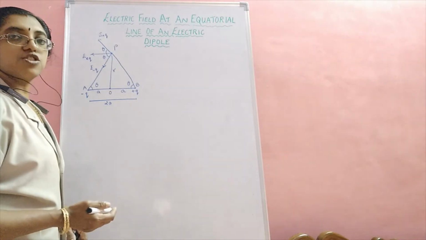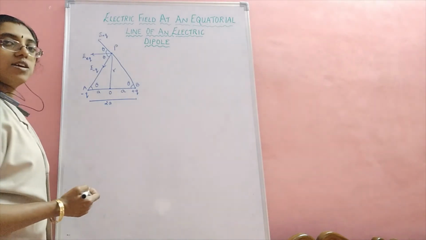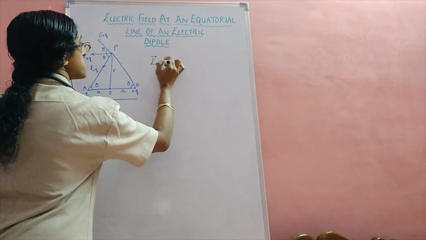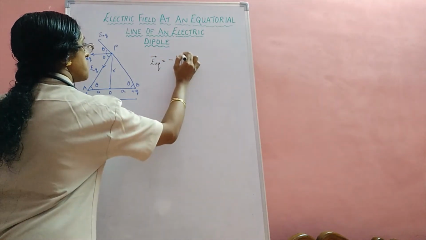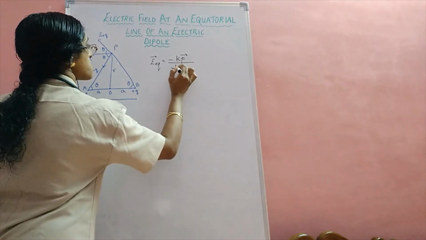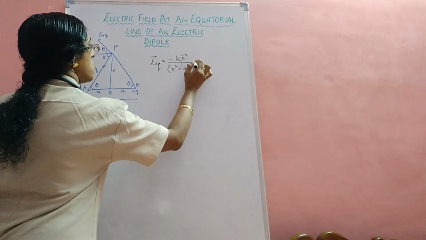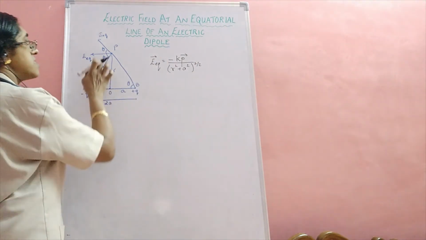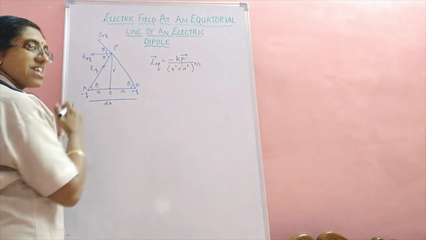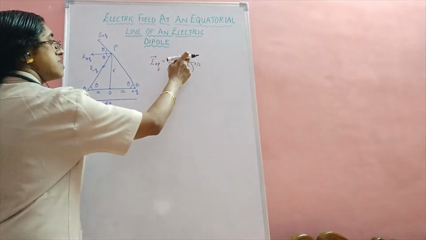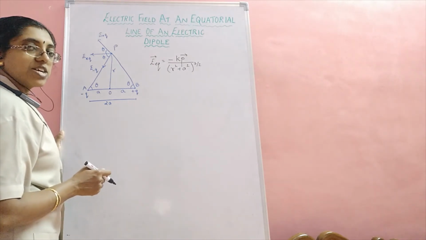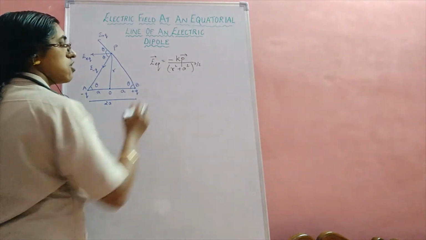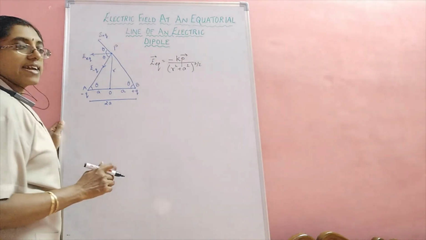Hence, another vector notation of E equatorial is minus of Kp vector upon R square plus A square whole to the power of 3 by 2. Why have I written it as minus P vector? Because the net field is from right to left, and you know that dipole moment is a vector quantity having a specific direction from the negative charge to the positive charge. Hence, these both are in opposite directions. That is why I have put a negative sign.